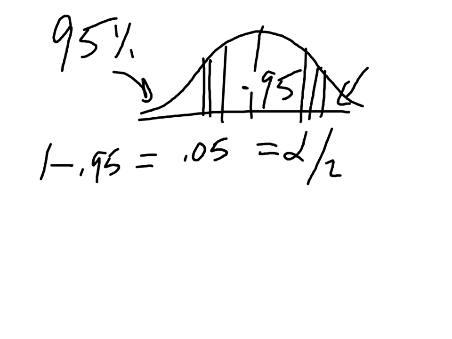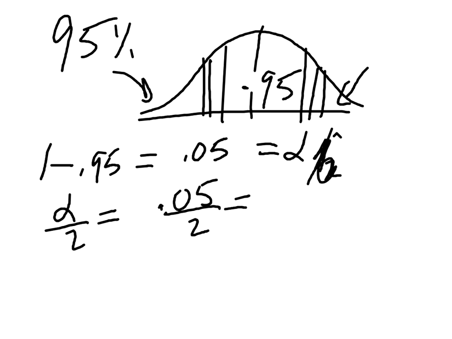So saying an alpha of 0.05 and the 95% confidence level are the exact same thing. Okay, so 0.05 equals our alpha, of course, so alpha over 2, to find out the area in each tail, would be 0.05 over 2, or 0.025.